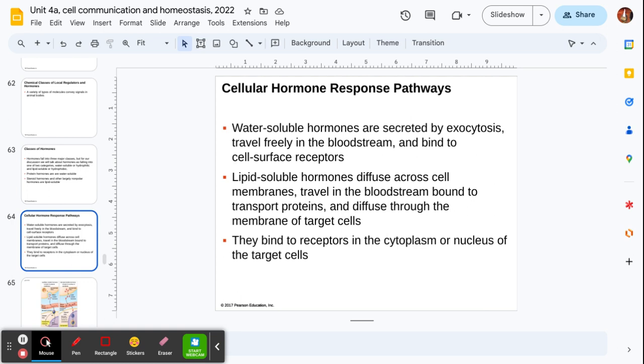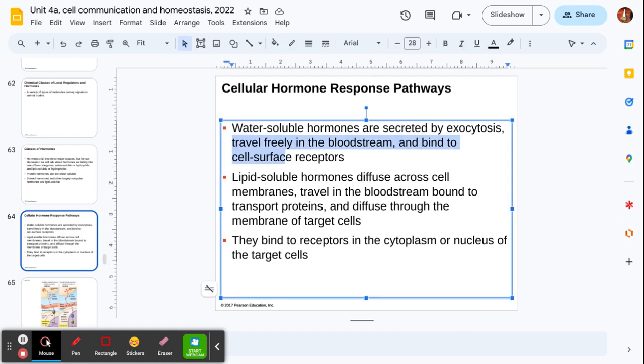Water soluble molecules. Can they get through the bloodstream on their own? Water soluble hormones get through the bloodstream freely. If you're water soluble, your blood is also mostly water, so they're able to travel on their own.